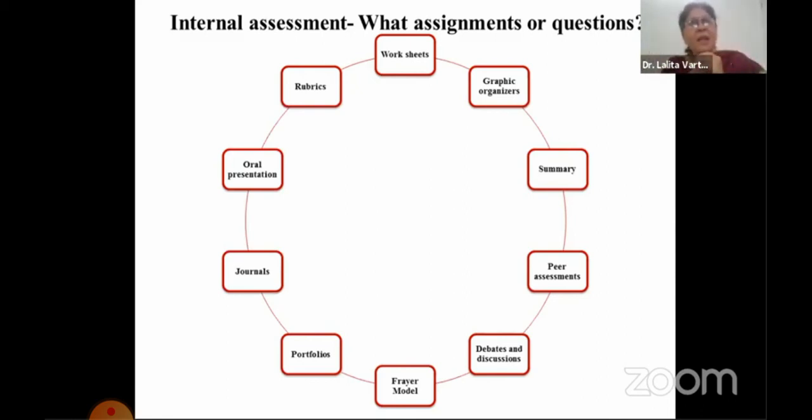So that is another way of finding out whether our students have really learned what we have expected from them. Portfolios and journals are also different ways. Now remember, journals over here are not the journals which you generally use in teaching in science. Journals are like a diary, where students write down how they have learned a particular thing, what helped in their learning, or what made their learning easier.